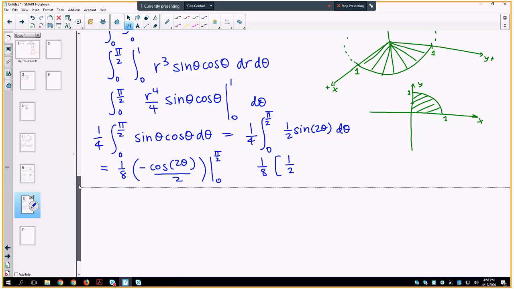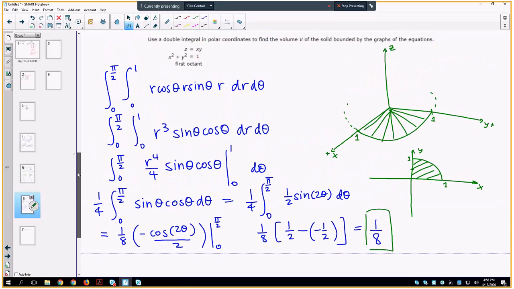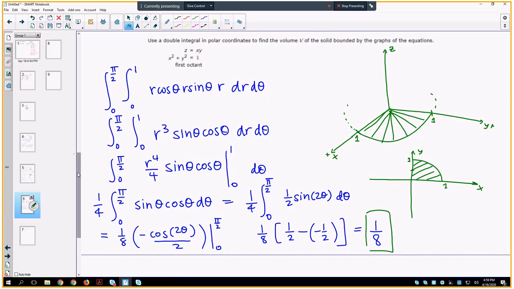And when I plug in 0, cosine of 0 is 1, so I get minus 1/2. And that's 1/8. So the answer to the problem, using a double integral in polar coordinates to find the volume of the solid, is 1/8.